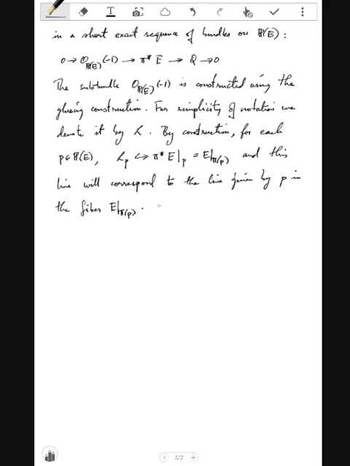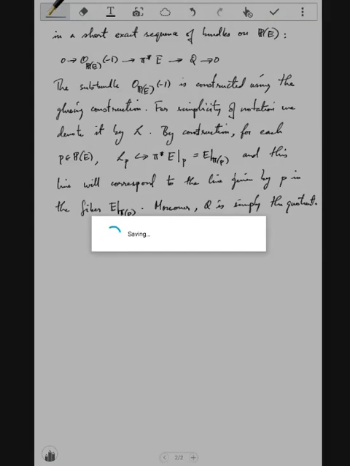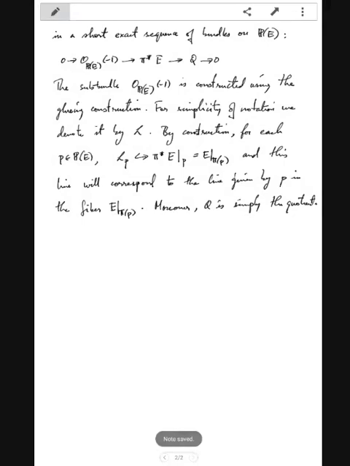And moreover, Q is simply a quotient, because L is actually a sub-bundle. So over each fiber, it's an inclusion. This is something which we have seen before, that if you have an inclusion of bundles, then the quotient is also a bundle.